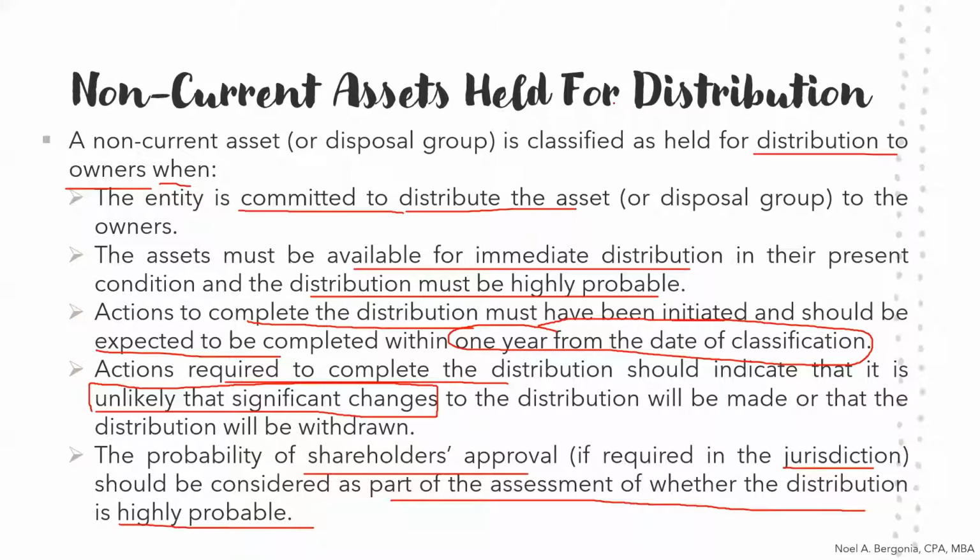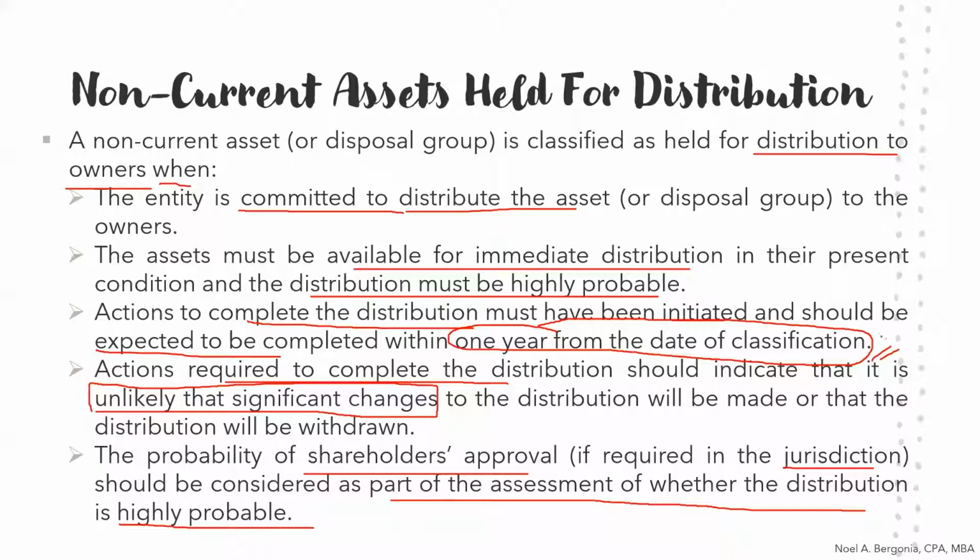So it's either sale, as earlier, or held for distribution to owners. I hope that is clear. They are all part of our classified non-current assets held for sale or distribution under IFRS number 5. But at the end of the day, whether it's held for sale or held for distribution, it will be derecognized in the future once our plan to distribute or to sell is completed within 1 year, or in case an extension applies.